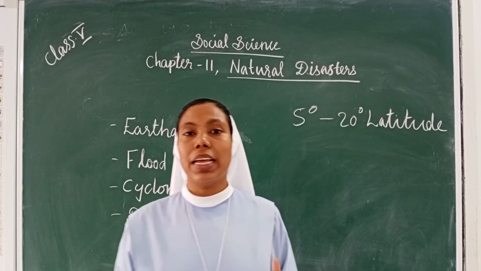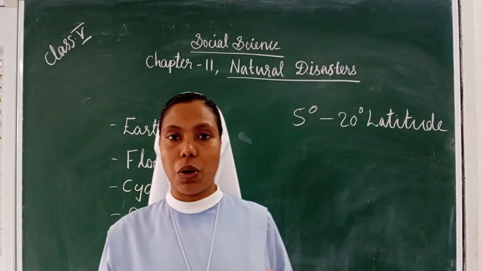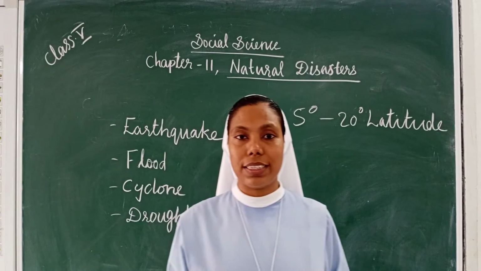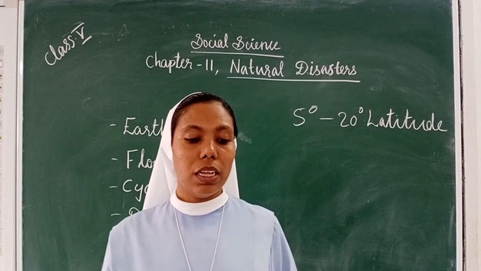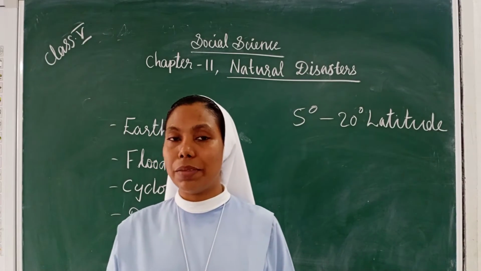And we can see that the cyclone is known by different names in different parts of the world. The names are the cyclone, the hurricane, the typhoon and the willy willy. These are the names by which the cyclone is known.